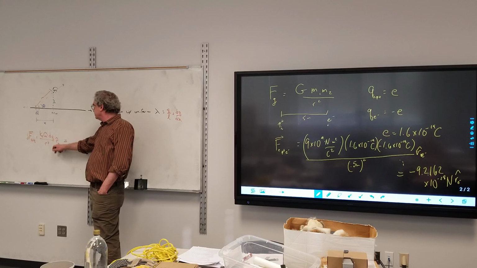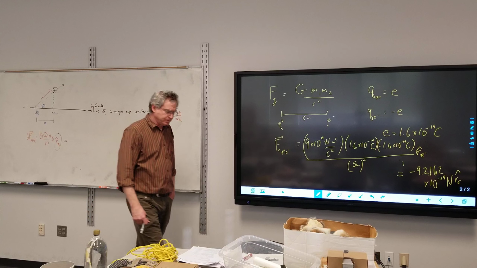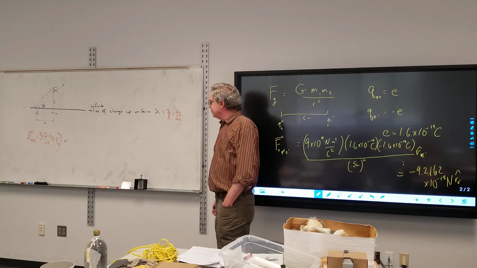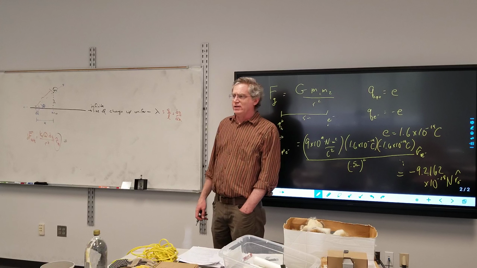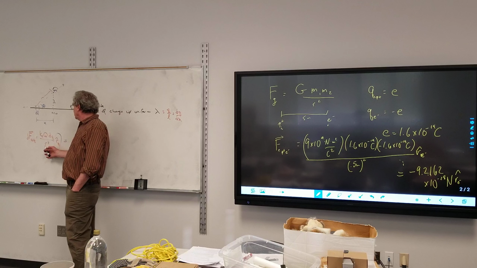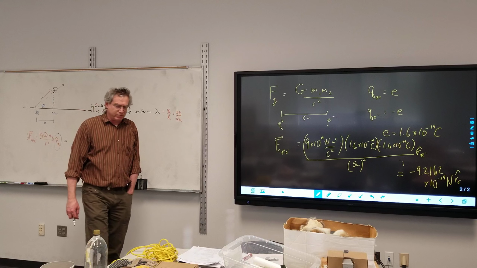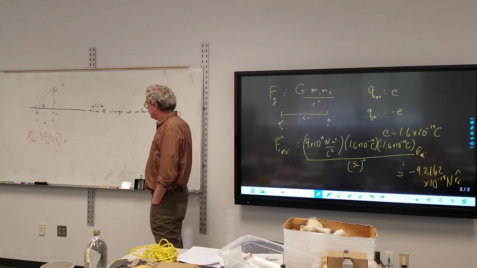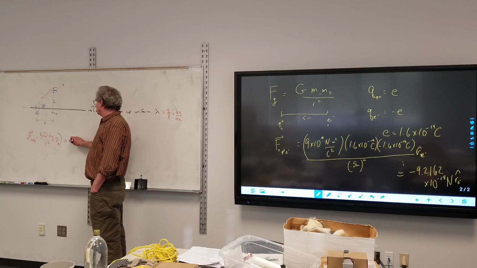Well, first off, we've got this bit right here. It's going to change. It'd be helpful if we can get it in terms of something common. r is going to change. r hat is going to change. So these are variables. We need to get it in terms of the same variable. First off, I'm going to bring in my theta, which I established as that angle.